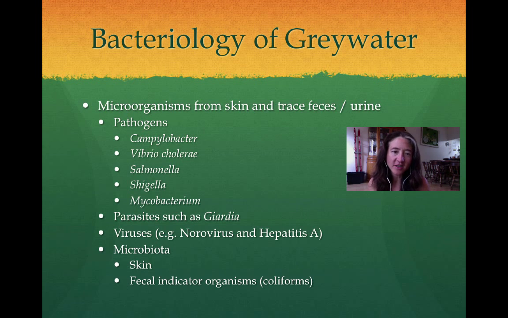So Campylobacter jejuni can cause disease symptoms even if only 10 cells are ingested. So therefore, we still have to think about the possibility of them being present in water and decide how we might address that issue.